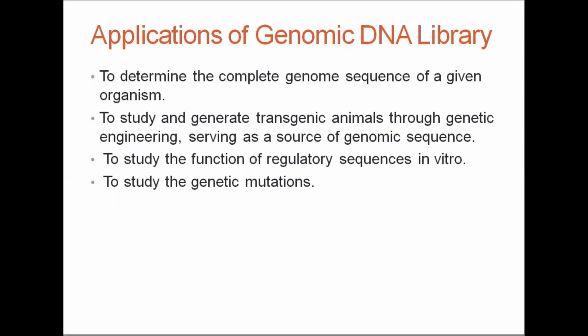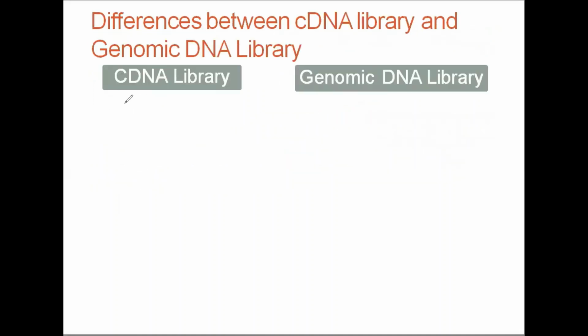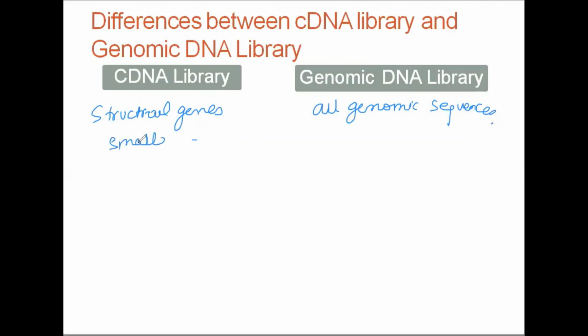Now, how does it differ from a cDNA library? Whenever you talk about a cDNA library, it consists only of the structural genes, whereas genomic DNA libraries consist of all genomic sequences. The cDNA library size is smaller when you compare it with the genomic DNA library.